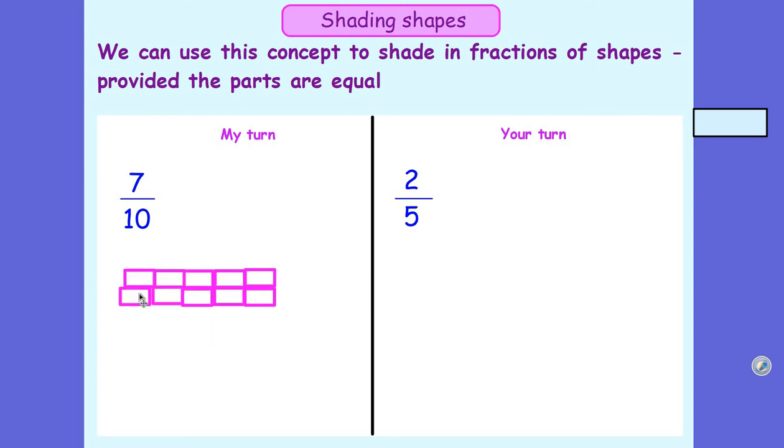So if this rectangle was my whole shape, each of those is worth 1/10. However, I want to shade in 7/10 of this, so I'm going to shade in 1, 2, 3, 4, 5, 6, 7 of those blocks.